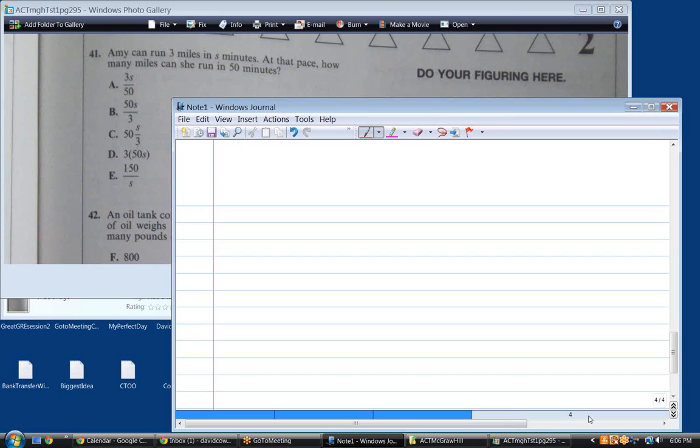Make one up. How about 50? Okay, so I'm going to let s equal 50. Why can I do that? Because they haven't specified what s is. Whenever you see a variable in the stem and you see that variable in all the answers, you can usually use pick numbers. In this case, I can pick a really convenient one, 50.